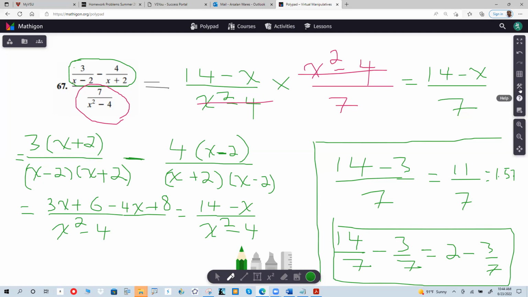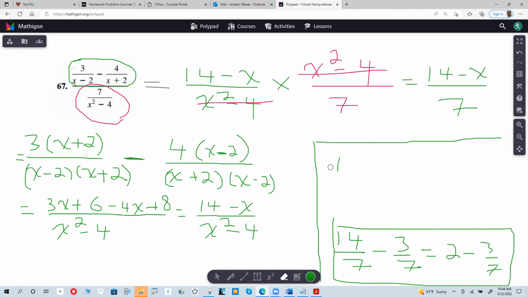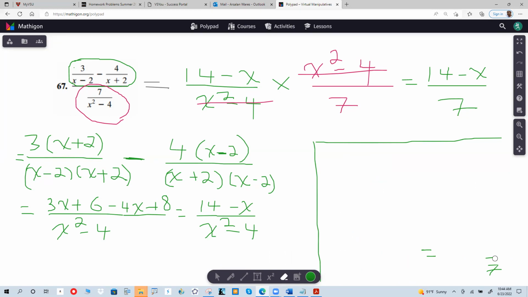If it was something like this, you could. I need a little bit of room and I don't want to mess with my original problem. So let's say what you have on top wasn't 14 minus x. It was 14 minus 7x.